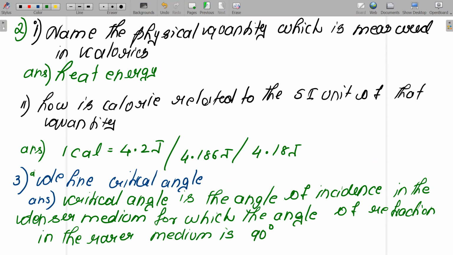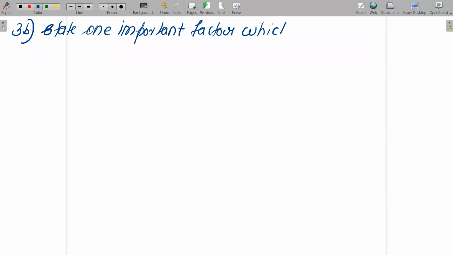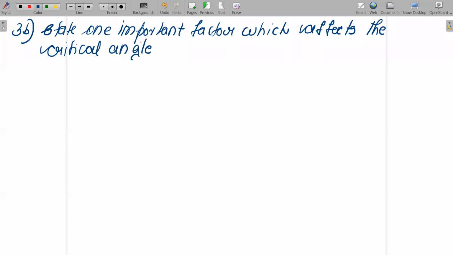This is question 3A. Now 3B. State one important factor which affects the critical angle of a given medium.